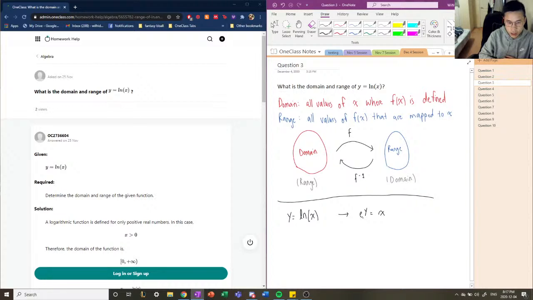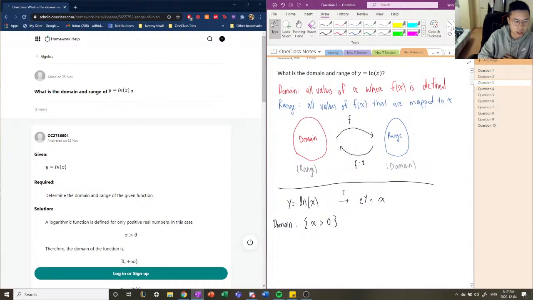So we know that x needs to always be positive, because e is a positive number, and any positive number to any power will always output a positive number. Okay, so we reason by the nature of our function that x always has to be greater than 0. Okay, it has to be a positive number.